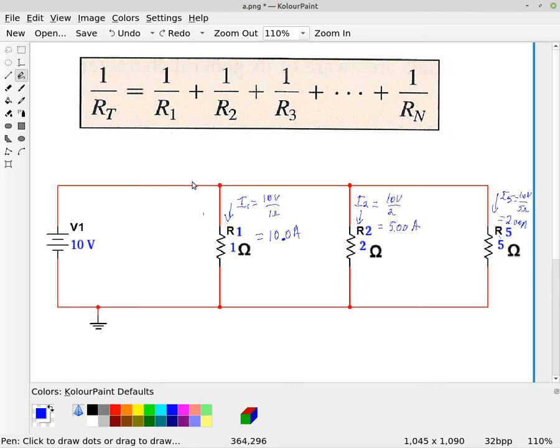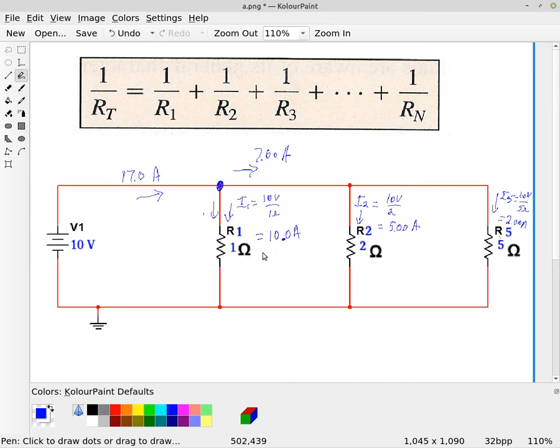The current flowing through here is 10 amperes, and so the current flowing through here is 17 amperes. So there's 17 amperes flowing this way. When we get to this point, 7 amps go to the right, and then the 10 amperes go through R1.